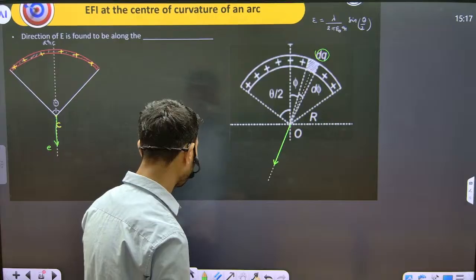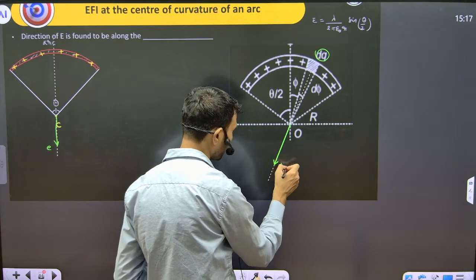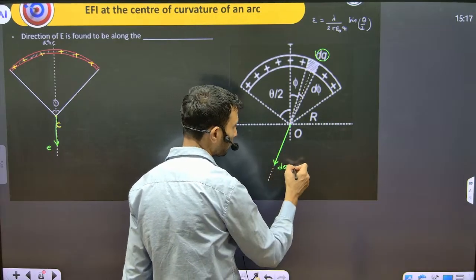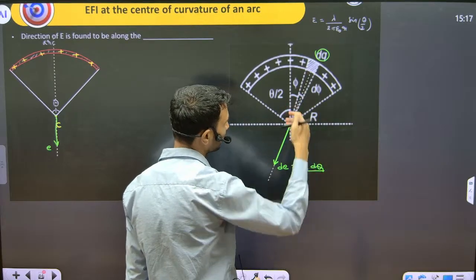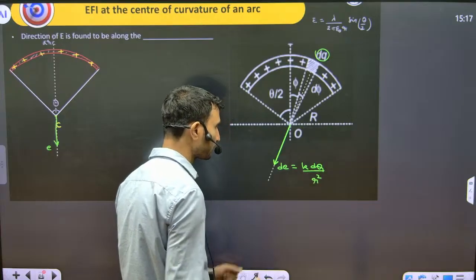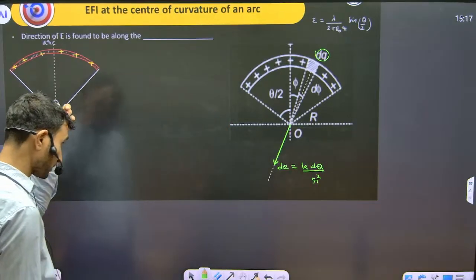And it will be a small electric field, let's call it dE, right? And what will be the value? k dq divided by distance square, which is r square, right? I hope that's clear to everybody, right?